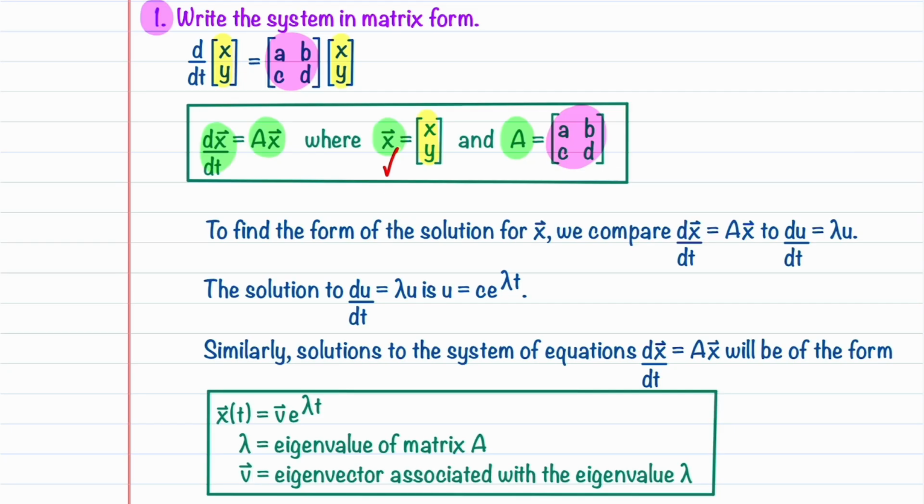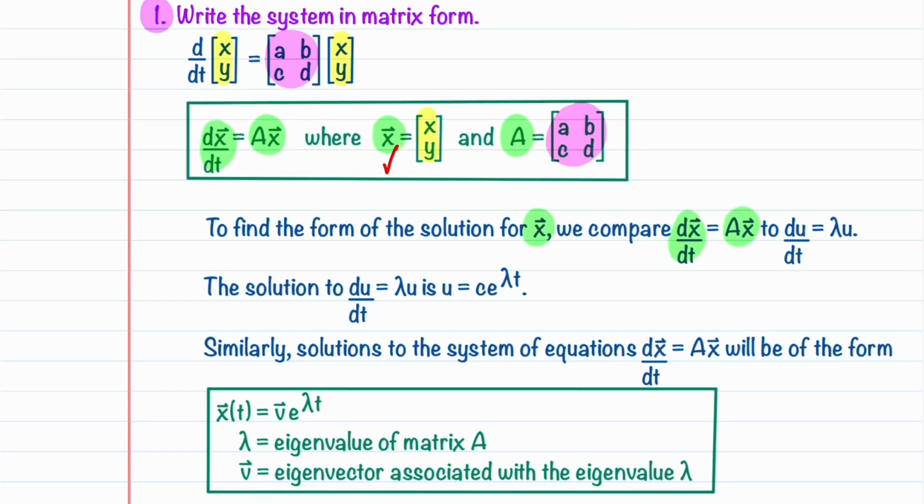To find the solution form for x, we're going to compare our system dx/dt equal to Ax to the differential equation du/dt equal to lambda u. Now, these two are different, but their solution forms are similar. The solution to the differential equation du/dt equal to lambda u is a constant c times e to the lambda t.